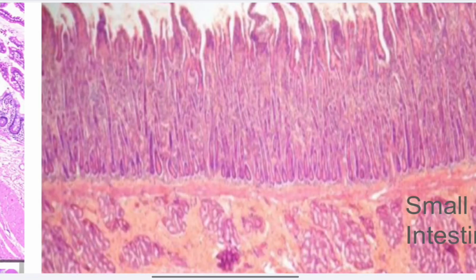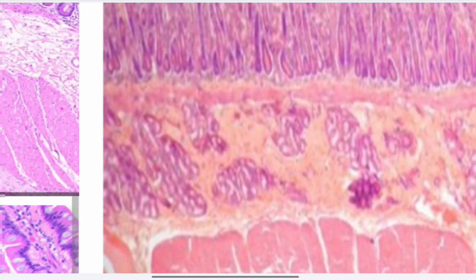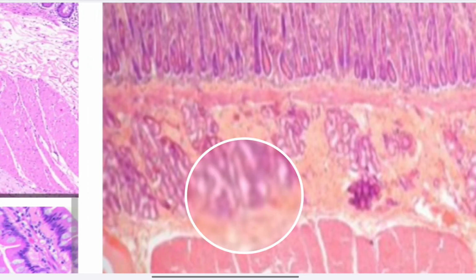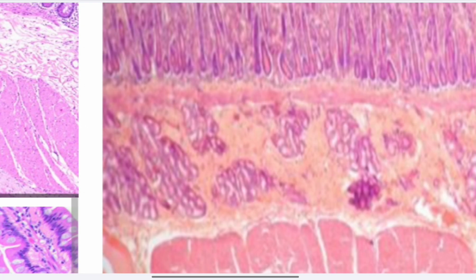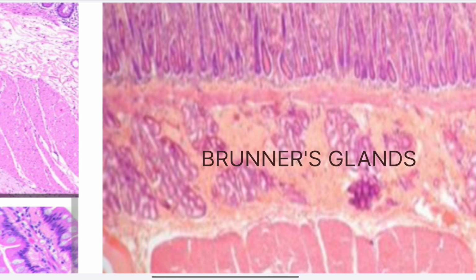In the submucosa, which lies beneath the mucosa, you see plenty of glands. And these glands are so prominent in the duodenum mainly, and they are called the Brunner's glands.